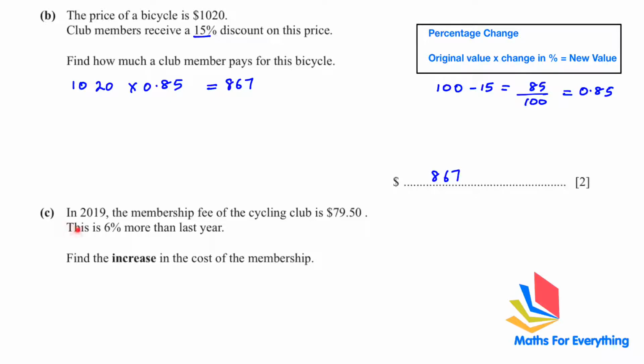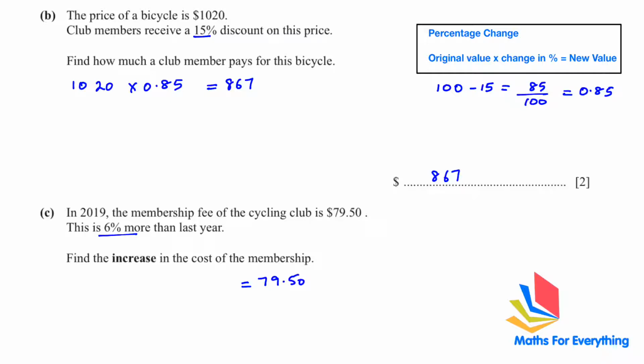Next, in 2019, the membership fee of the cycling club is $79.50. This is 6% more than last year. Find the increase in the cost of the membership. We are going to use the same formula. We know the new value now. The price is $79.50. This is 6% more. So what is the percentage change?